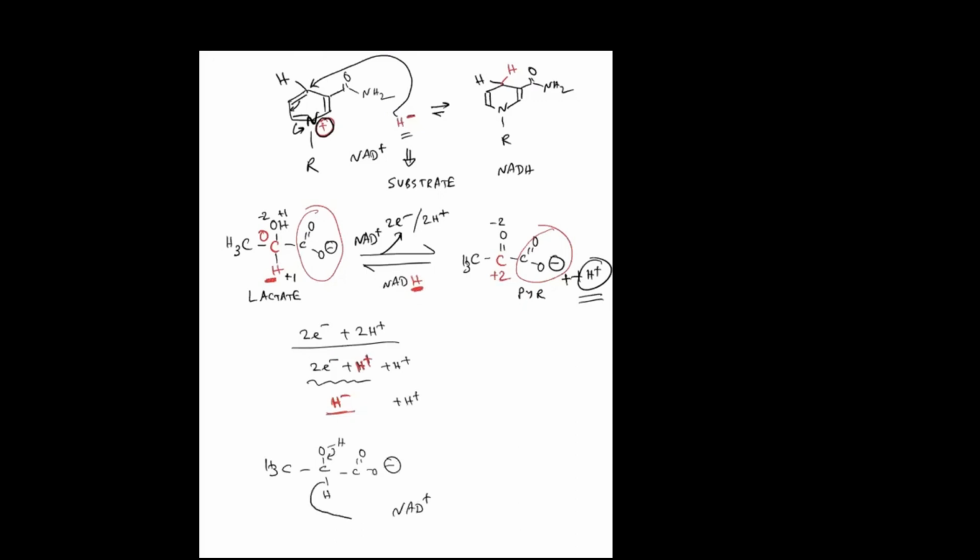So that's why H is released as hydride. It is taking both the electrons. And that's how you're getting to the pyruvate and NADH. So again, color code the H.